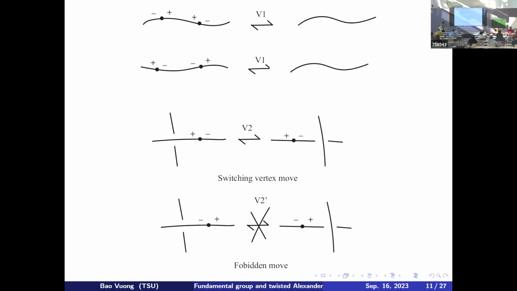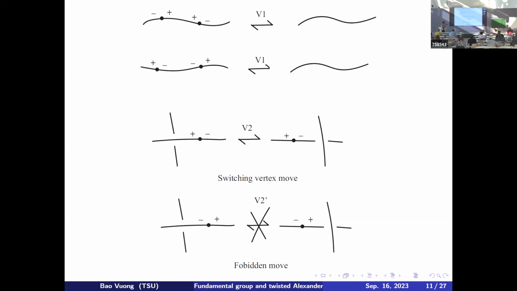And we have the vertex move, where the vertex moves across the crossing of the knot diagram. We can cancel out two vertices if some condition holds, namely if the vertices have the same sign and lie on the same arc. We also have the switching vertex move, where moving the vertex over a crossing changes the type of the crossing.